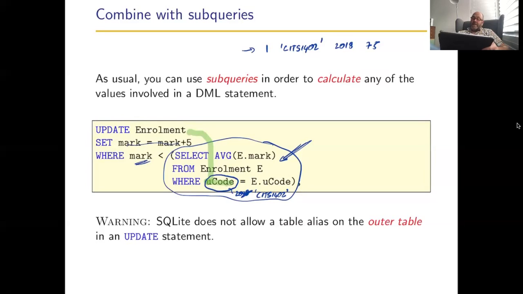But SQLite doesn't allow you to give a table alias just on the outer table and just when you're doing an update. So it's a little idiosyncrasy of SQLite that might catch you out. It caught me out because I had to spend quite a few minutes trying to work out why the normal way I write a subquery like this didn't work.